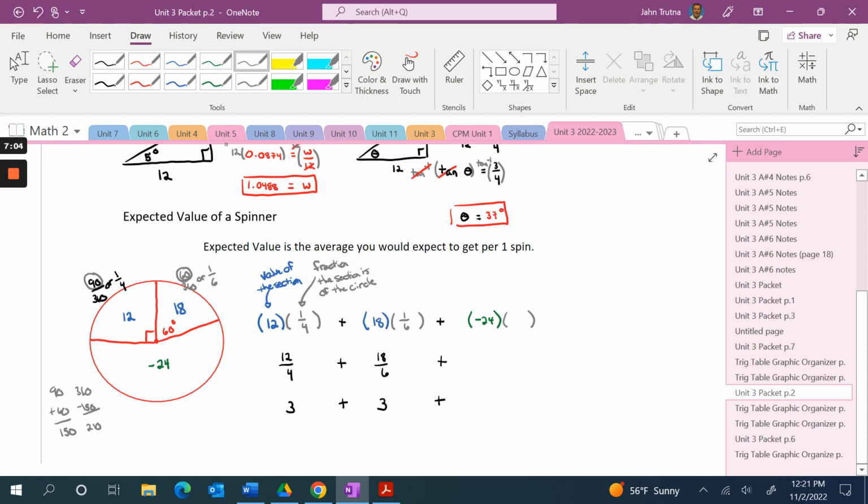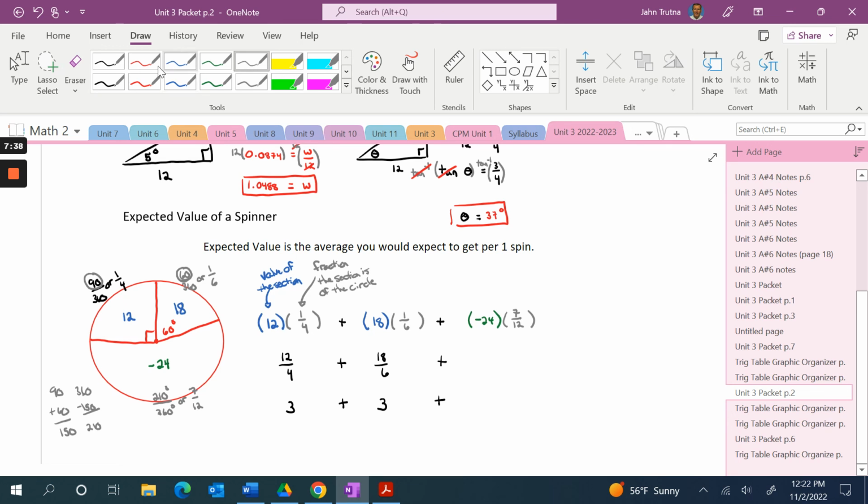That's 210. So this negative 24-point section is 210 degrees out of 360 degrees. When I reduce that down, it reduces to 7/12 of the circle.